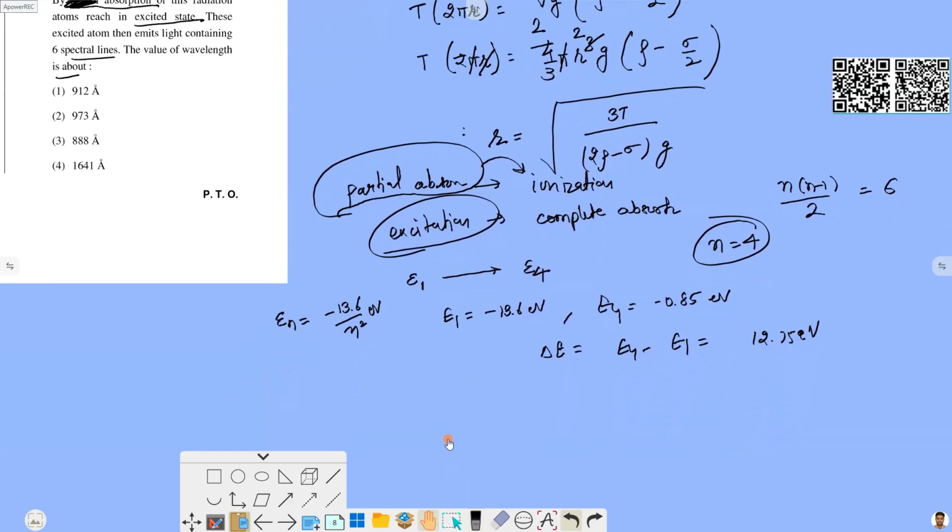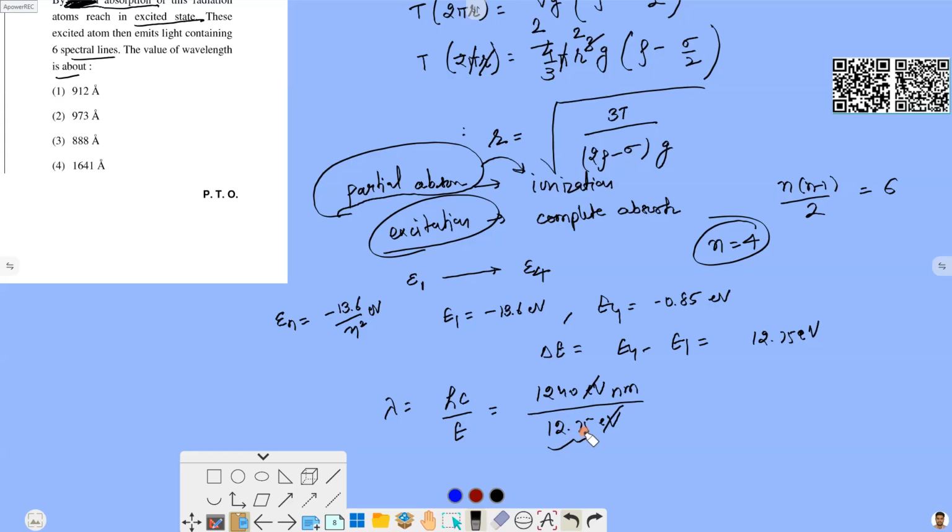Now from this we can calculate the wavelength of the radiation. We know that lambda is equal to hc by E, because E is hc by lambda, and hc is equal to 1240 electron volt nanometer, divided by the energy, that is 12.75 electron volt. So electron volt gets cancelled, and if we divide this, we will get something around 100 nanometer.